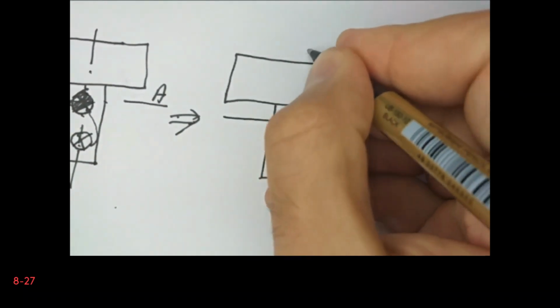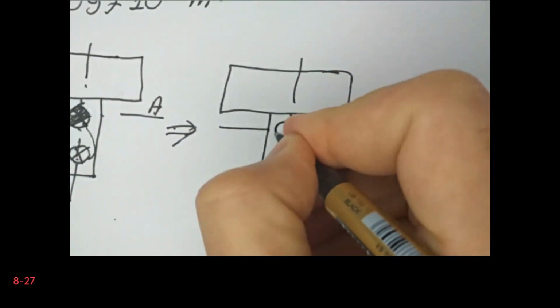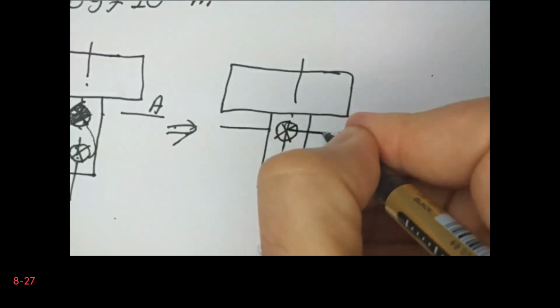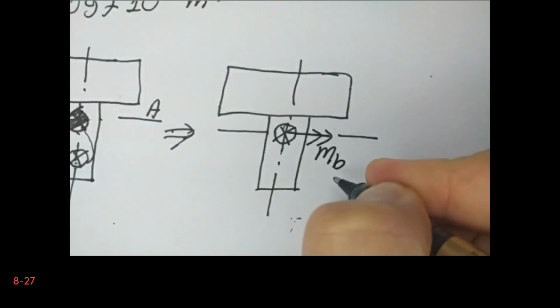So we have a force plus a bending moment generated by this force. So this is the force P.